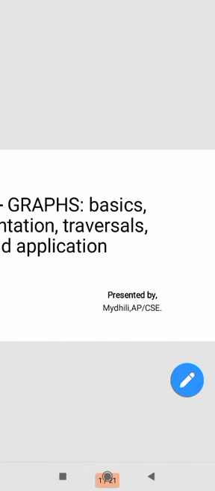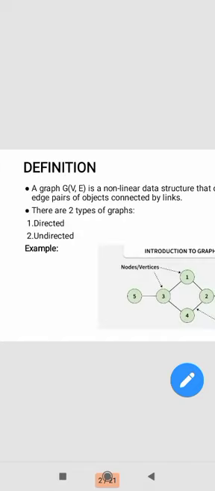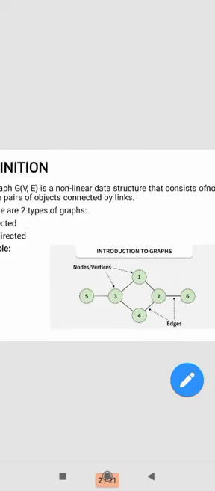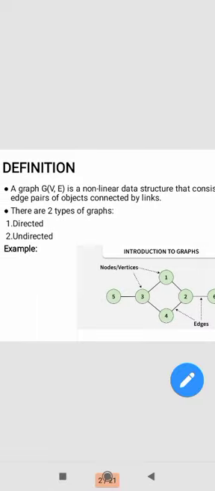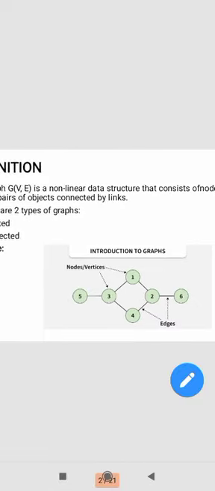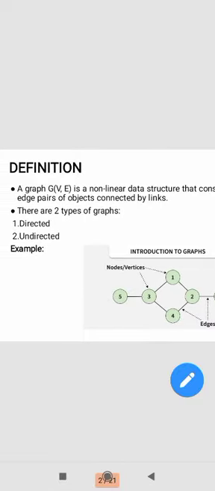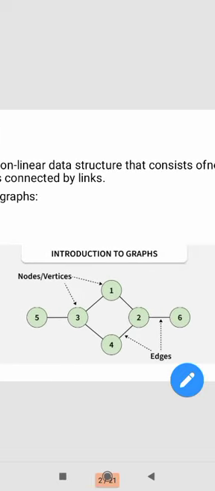So here we are going to see about graphs. What do you mean by graph? A graph is a non-linear data structure consisting of vertices and edges. What do you mean by vertices? Here, the circle is called a node or vertex.